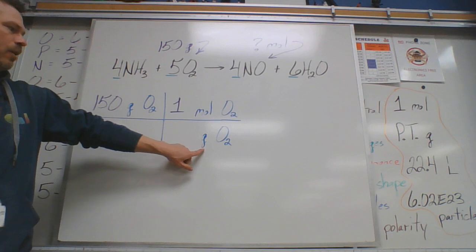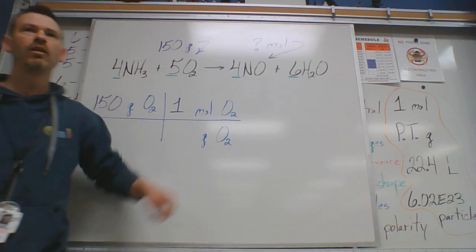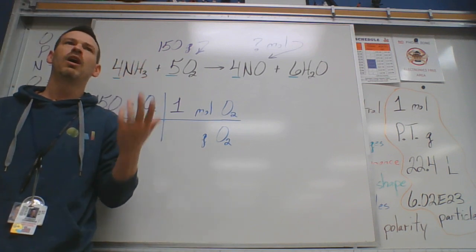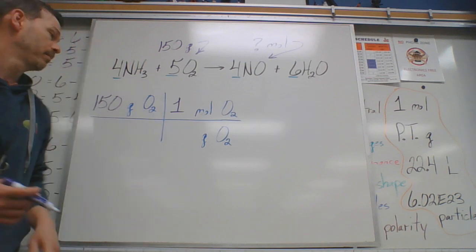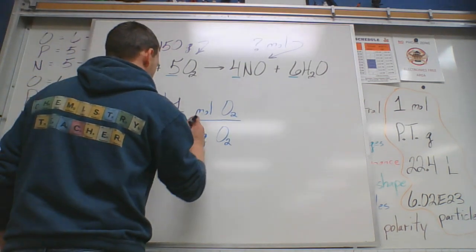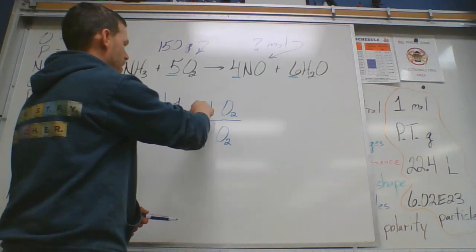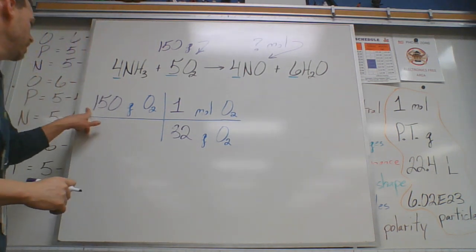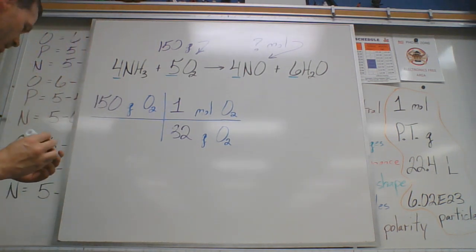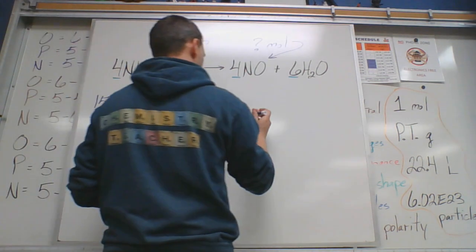All right, so it's the periodic table of 2 oxygens. What's that total mass? Yeah, it's 16 twice, right? Everybody okay with the 32? Sweet, run it. Multiply across the top, divide by the bottom. 150 times 1 divided by 32.